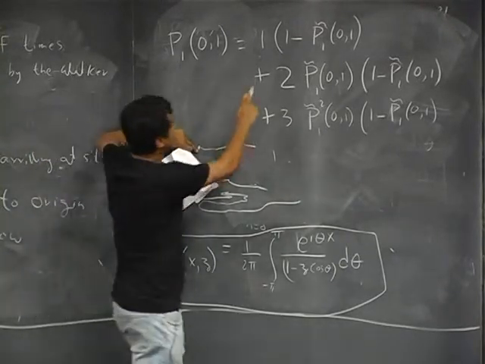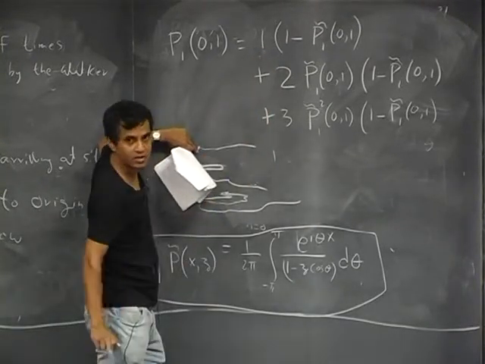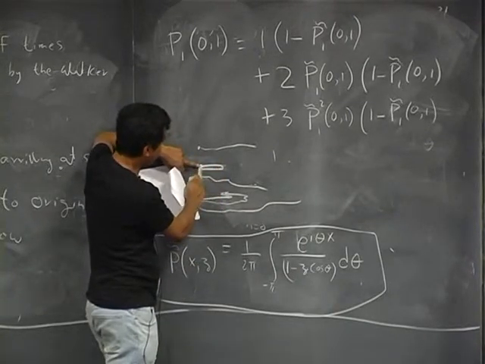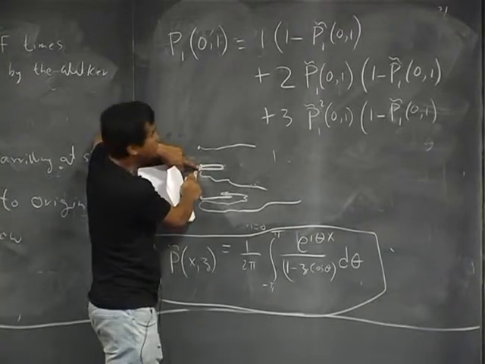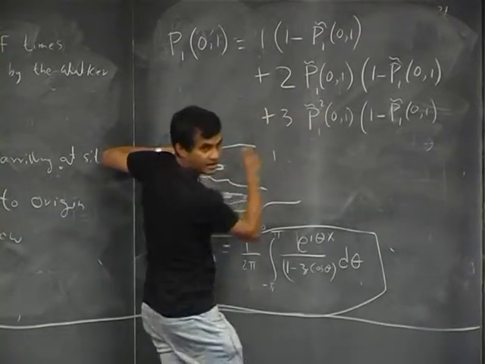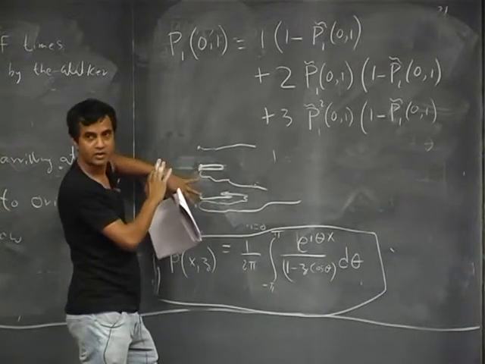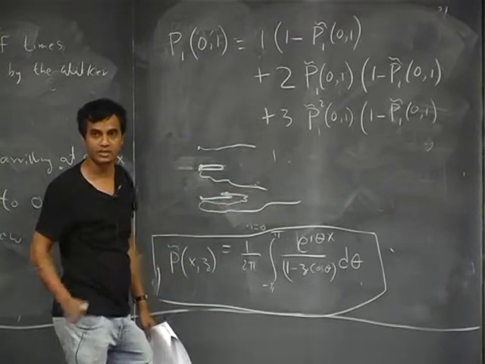So the number of visits is just one, and then there's the probability of not coming back. Now, what is the probability that it came back once, so that is this object, and then it never came back? This will include all the various processes that can lead to this.